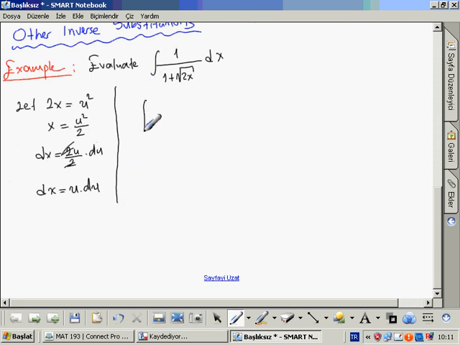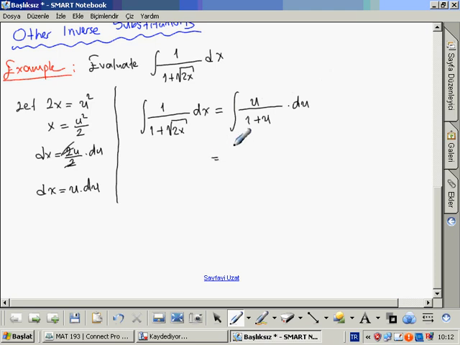The integral of 1 over 1 plus the square root of 2x dx equals the integral of u over 1 plus u times du.